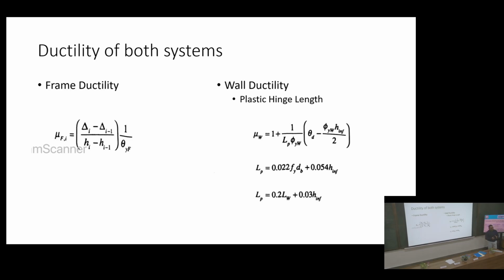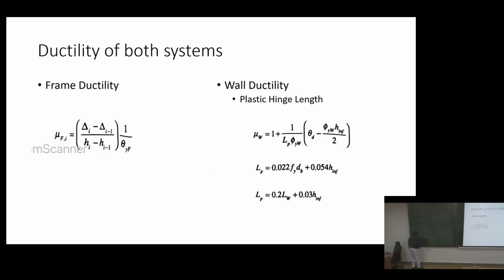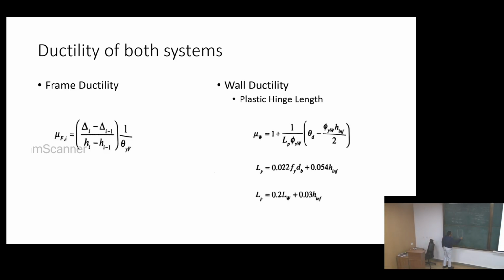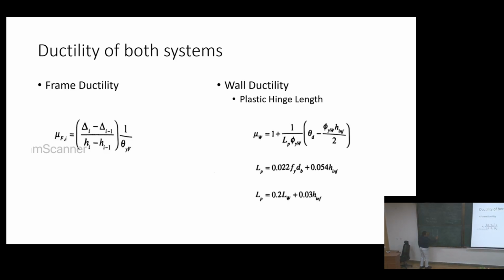The way it can behave in a ductile fashion is by developing a plastic hinge. And the plastic hinge is generally developed somewhere along the length of the wall, towards the base. So maybe this entire zone is having plastic hinge development.